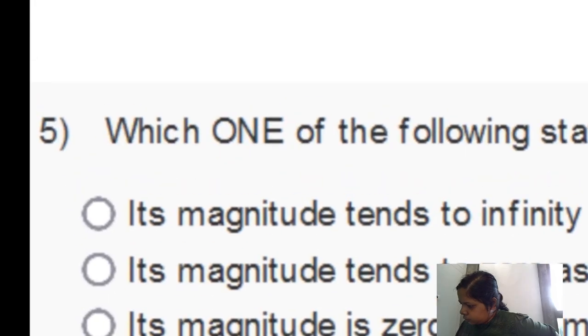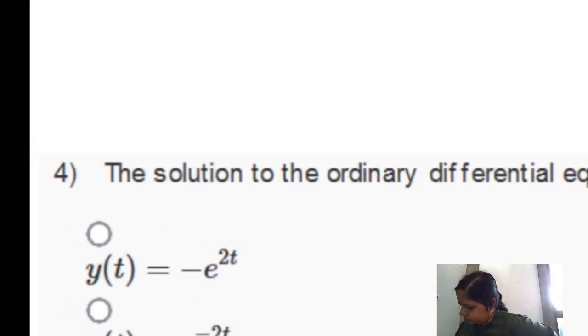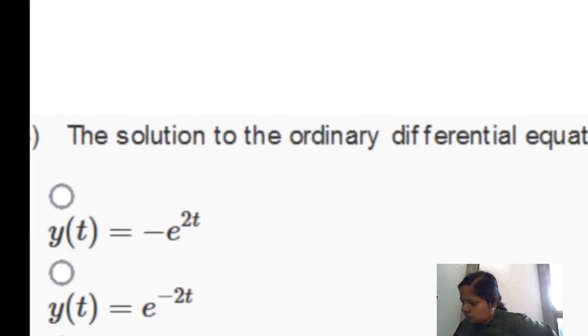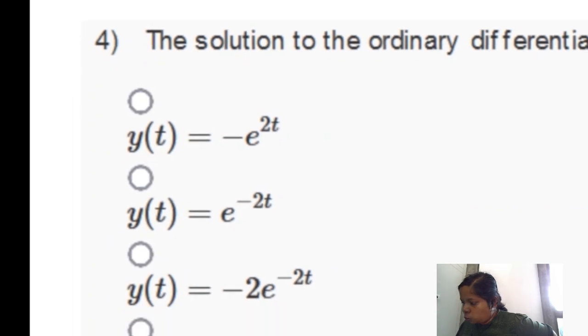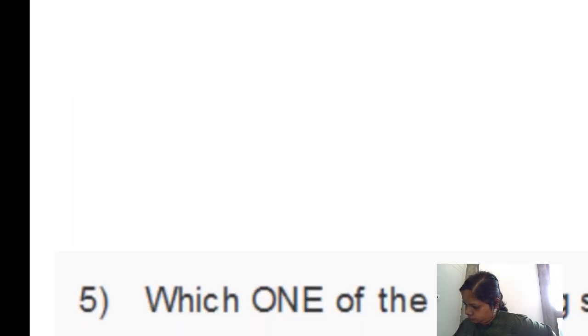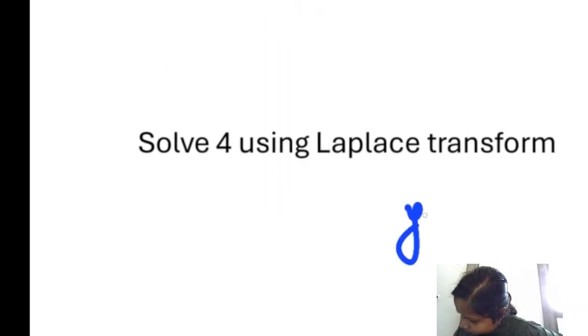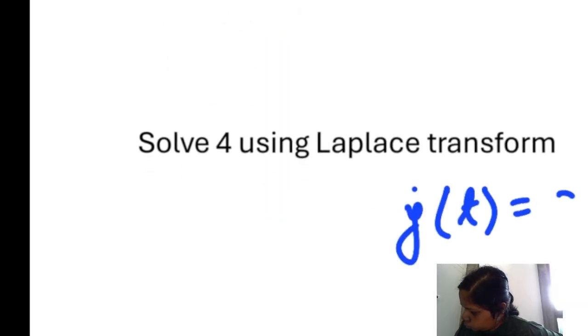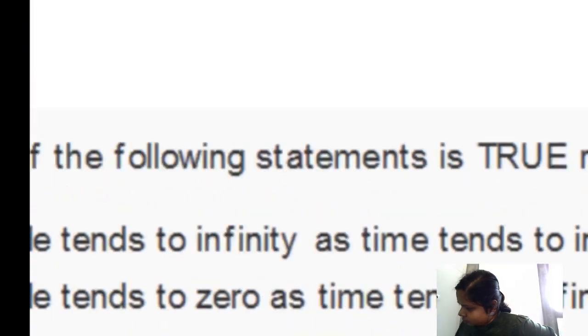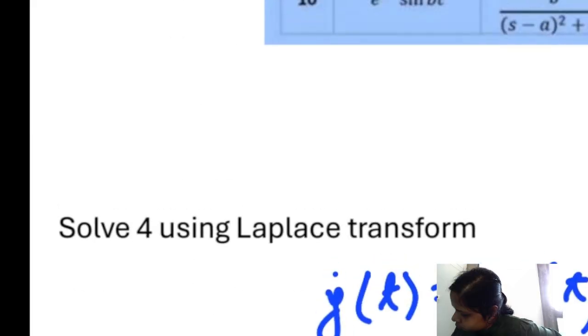Now the question that you had earlier: y dot t is equal to 2yt. The same question, y dot t is equal to 2yt, and the initial condition was y0 is equal to minus 1.